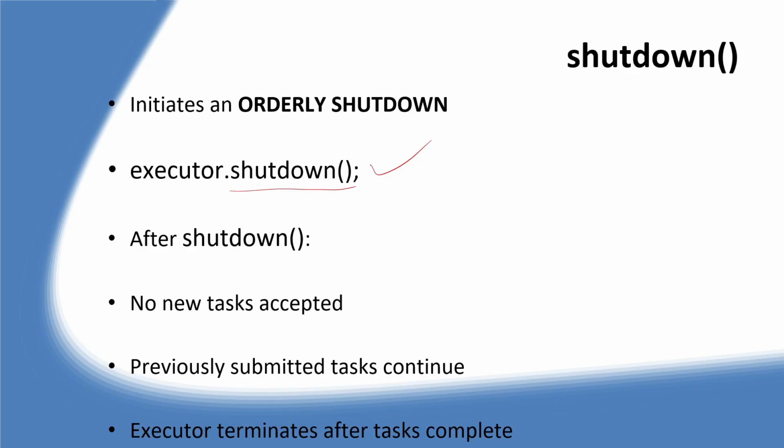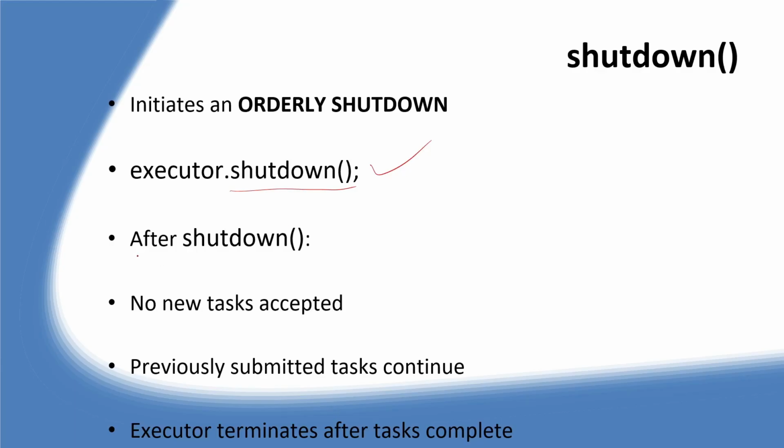Once those tasks finish and the worker threads shut down, the executor reaches the terminated state. An important point is that shutdown does not necessarily block the current thread until every task finishes. It initiates the shutdown process, and if we need to wait for termination, the executor service provides additional methods such as awaitTermination.